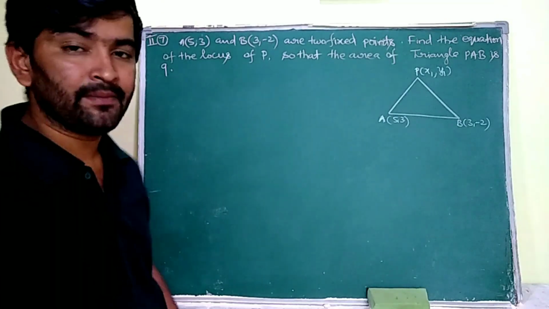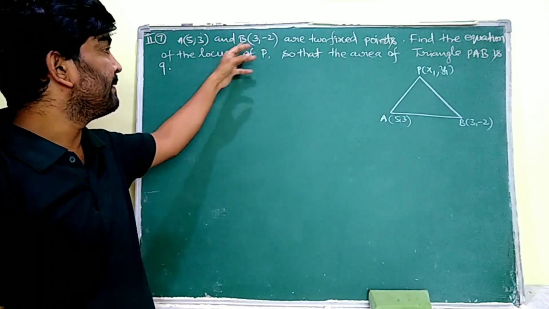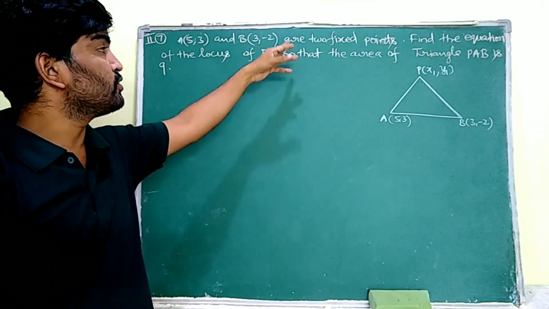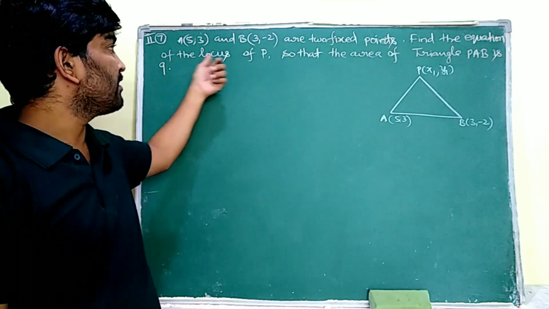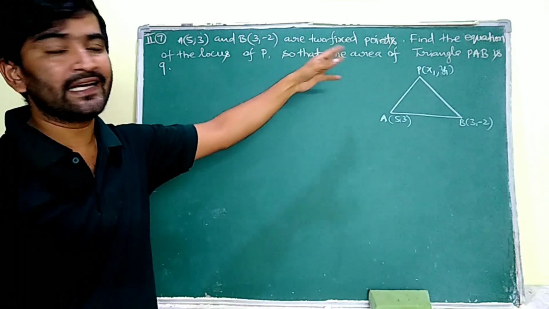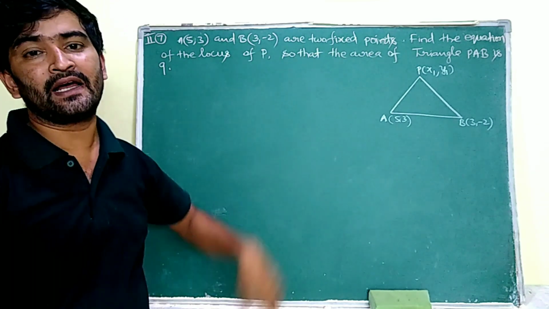Okay, see, 7th question. A (5, 3) and B (3, minus 2) are the two fixed points. Find the equation of the locus of P so that the area of the triangle PAB is 9.